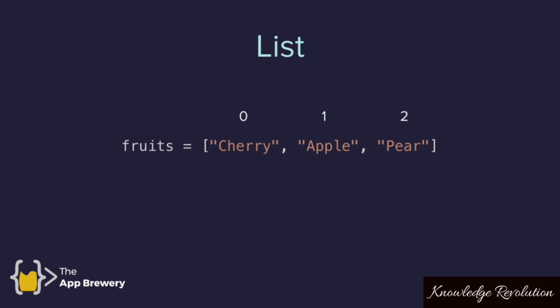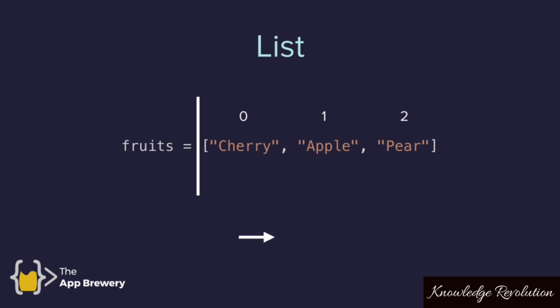But think about that index number, that 0, 1, or 2, not as the position, but as an offset or a shift from the start of the list. In this case, cherry is right at the beginning of the list, so it has an offset of 0.